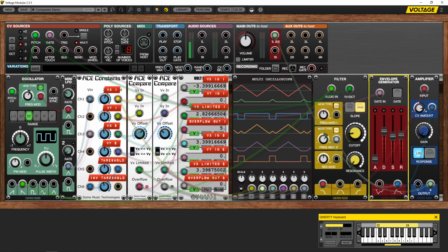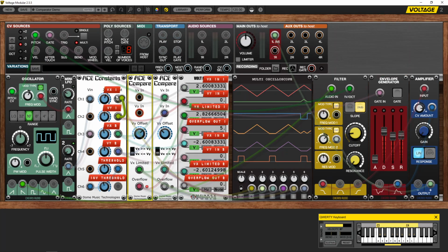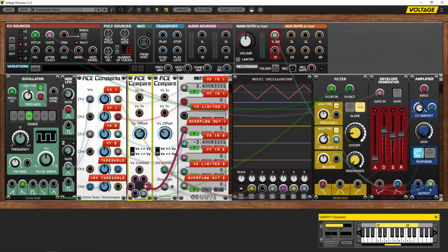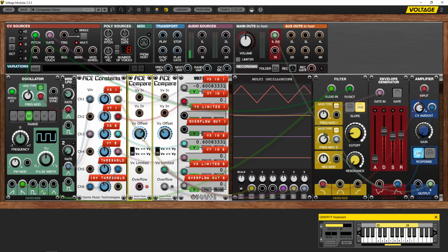One thing that's interesting to do, actually I'll just get rid of a lot of these connections, is to feed an audio rate sawtooth wave into Vx in.